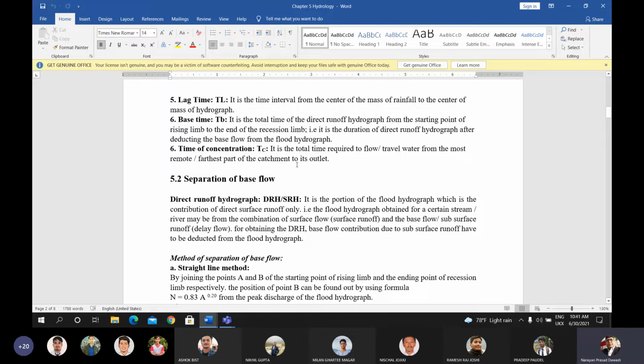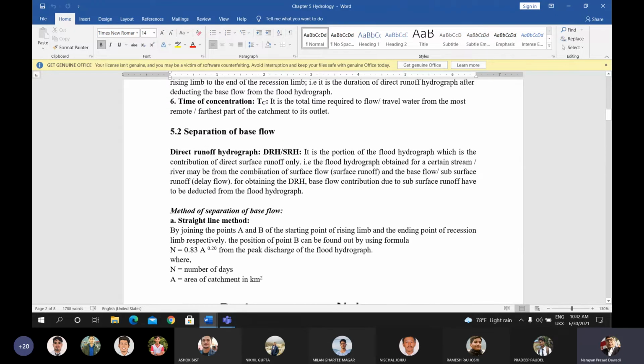The time required for water to flow from the nearer part of the catchment to the river is small, whereas from the farthest location the water has to travel further before entering the river. That total time elapsed by water is called the time of concentration.